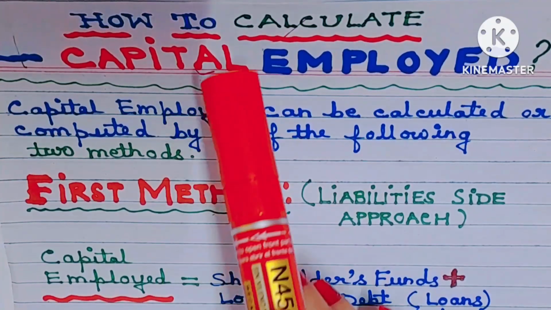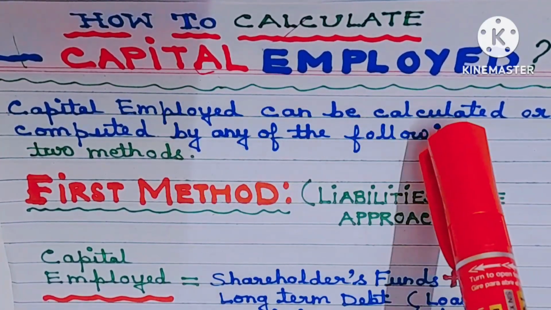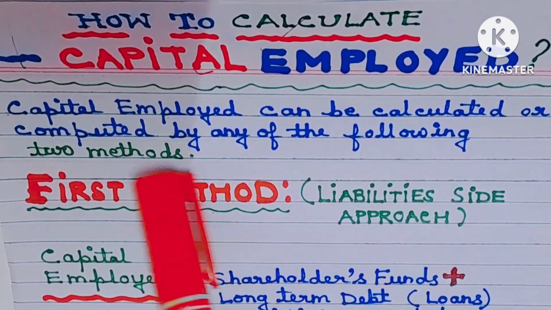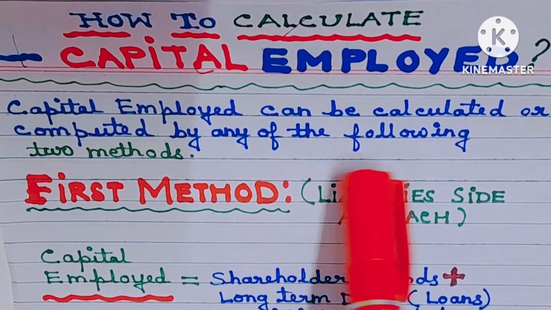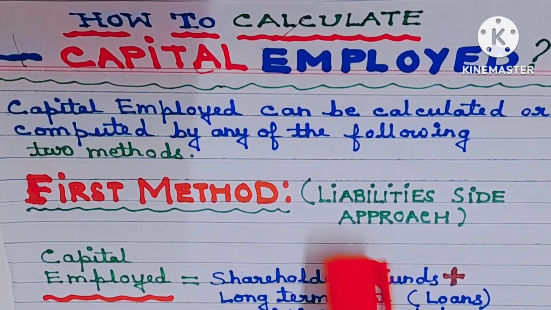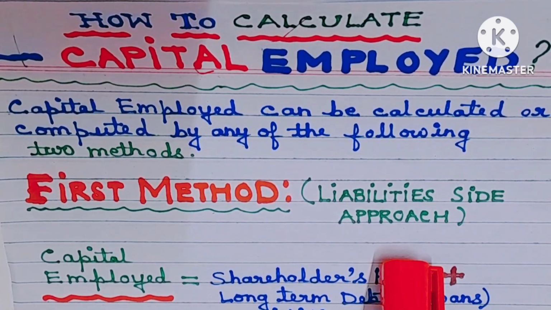How to calculate capital employed? Capital employed can be calculated or computed by any of the following two methods. First method, that is the liability side approach.